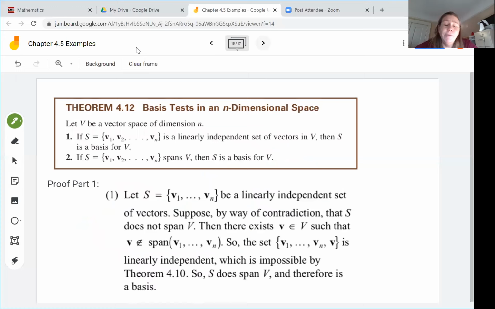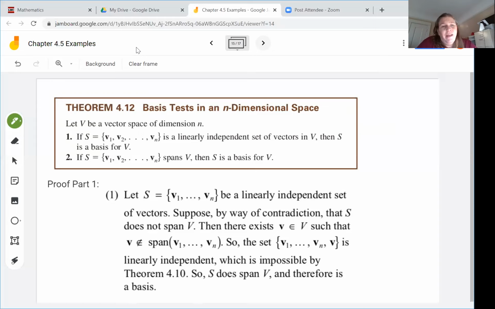That brings us to theorem 4.12, which is about basis tests in an n-dimensional space. So if V is a vector space of dimension n, then we have 2 properties here. The first property is that if S is vectors v1 through vn, and it's a linearly independent set of vectors in V, then S is going to be a basis for V because V has dimension n.